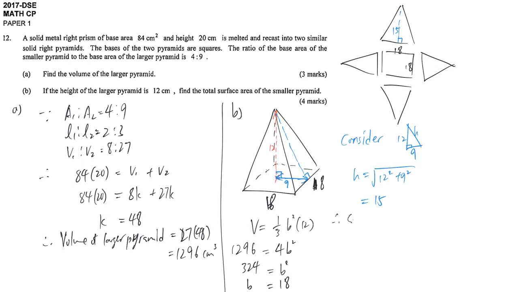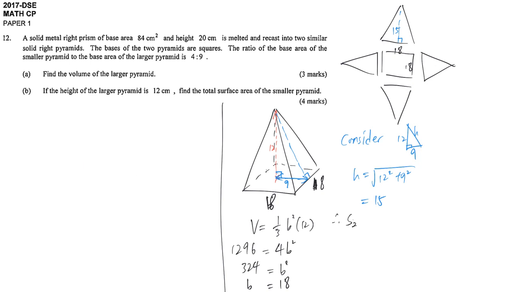So now we have 15, then we can get the surface area of the larger pyramid. Therefore, S2 is equal to the square, 18 squared, plus 4 triangles. The triangle formula is 1 over 2 base times height. The base is 18 while the height is 15. That gives 864, the surface area of the larger pyramid, but it's not enough because we need to calculate the surface area of the smaller pyramid. But you know that they are connected by this ratio.